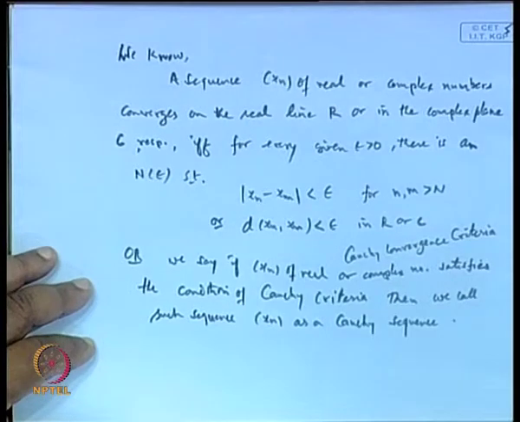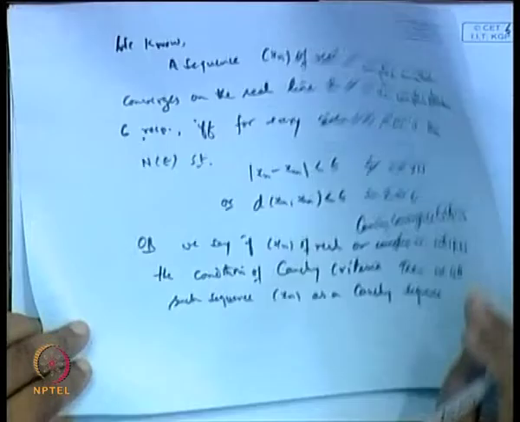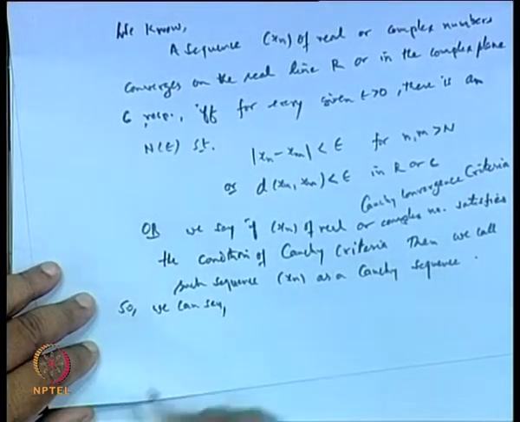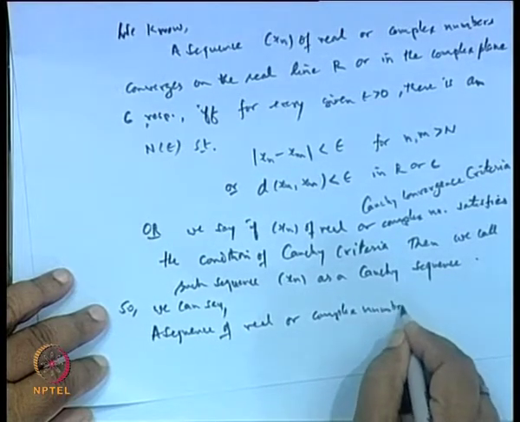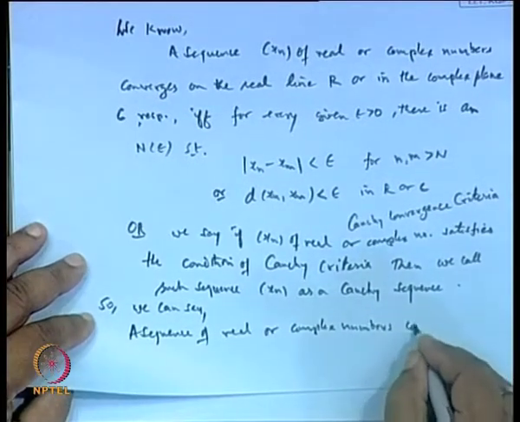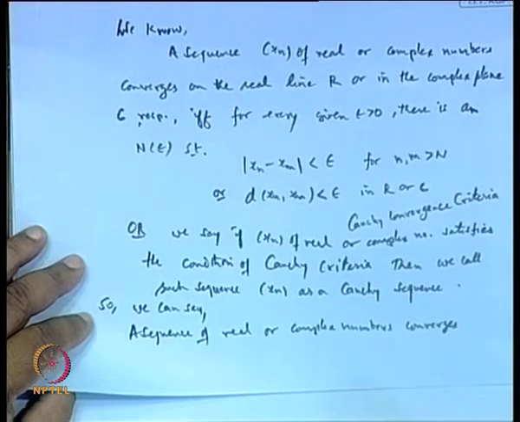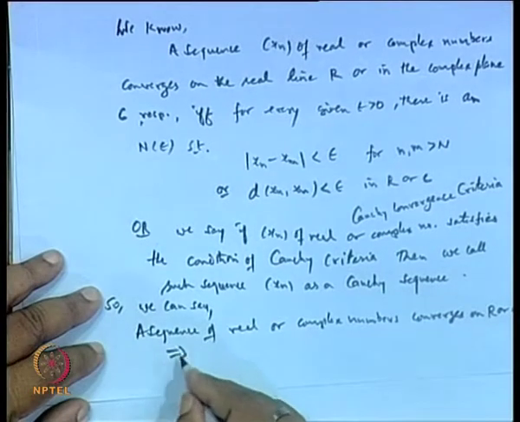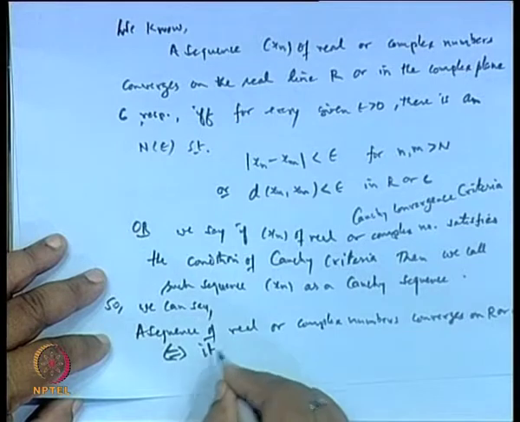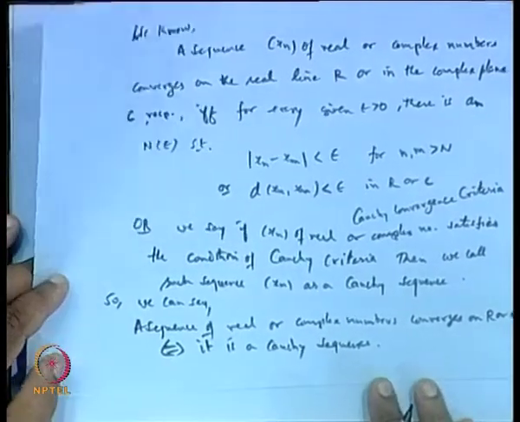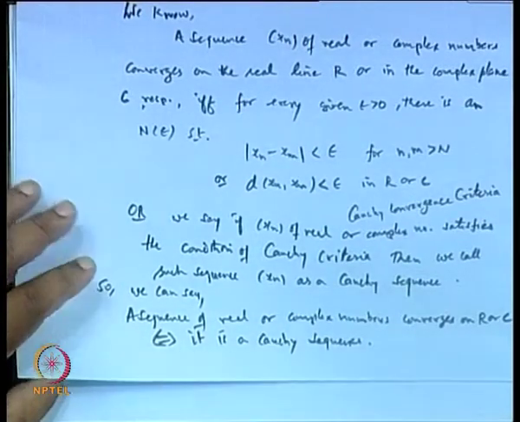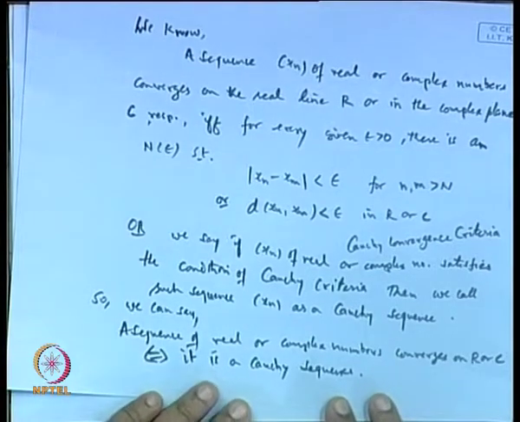So, we can also say a sequence of real or complex numbers converges on R or C if and only if it is a Cauchy sequence. Okay. This criterion is well known: for sequences of real or complex numbers, if convergent, it will be Cauchy and vice versa. Clear? And that is why we say the real or complex numbers form a complete metric space.